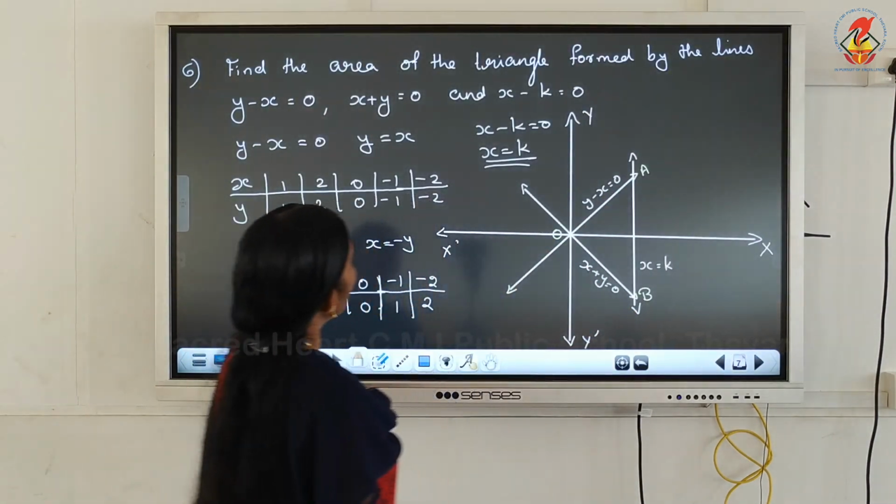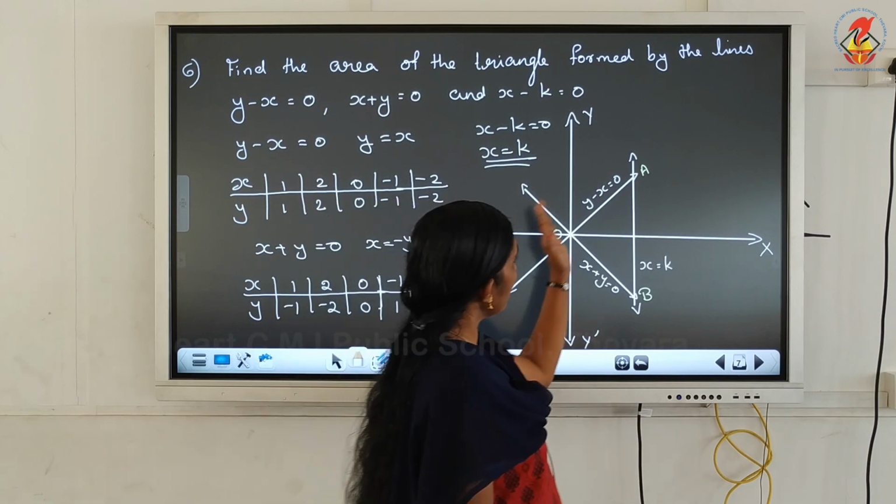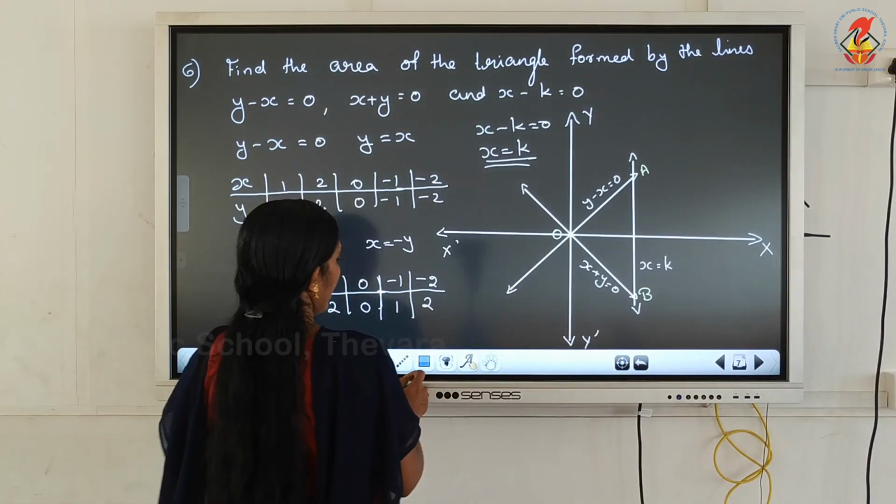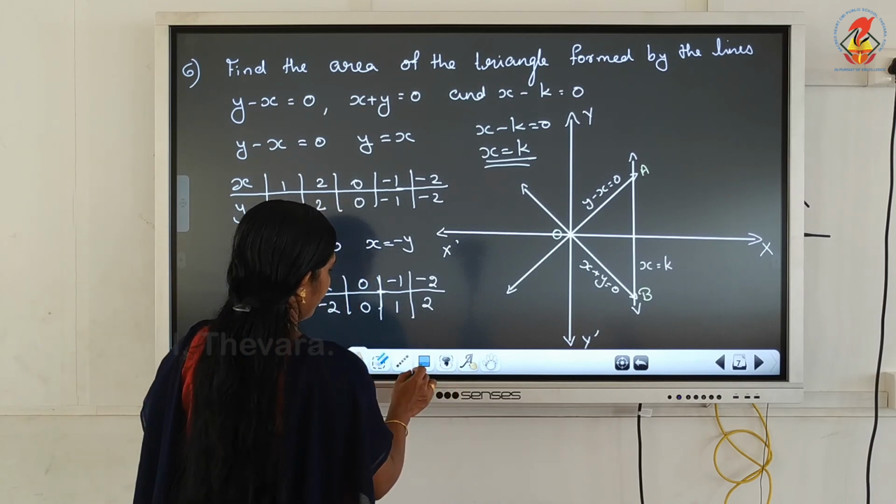Now, we have to find the area of the triangle. Can you see a triangle here? OAB. We have to find the area of that triangle.